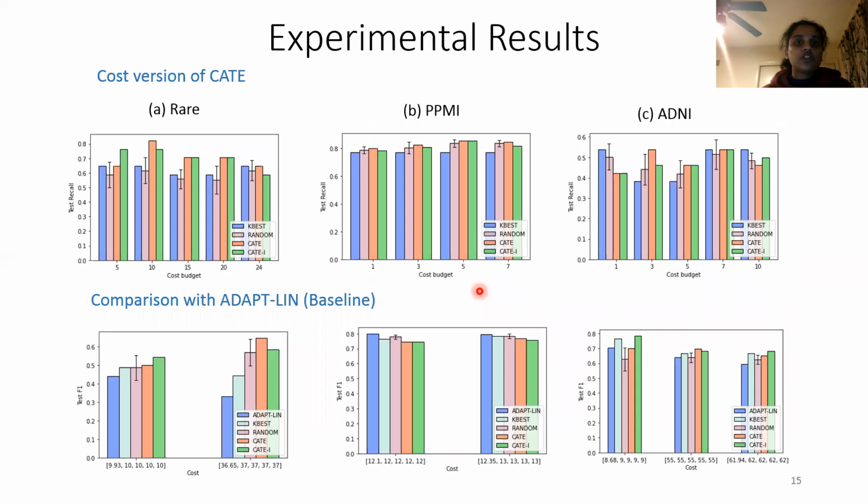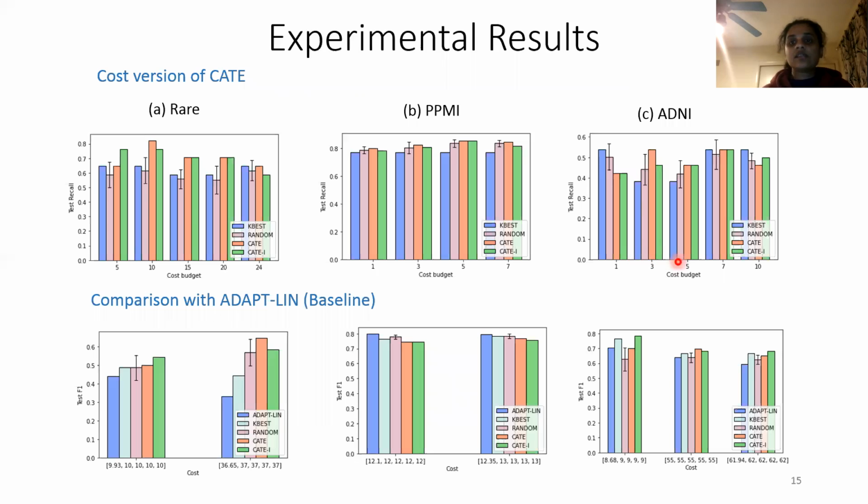Moving on to the cost version of Kate. In this version, we put non-uniform acquisition cost on the features and evaluate the cost version against the other baselines. And here also we see that on most of the data sets, Kate performs better than the other baseline approaches. For ADNI, we see that Kate performs better than the other baseline approaches in this middle zone.